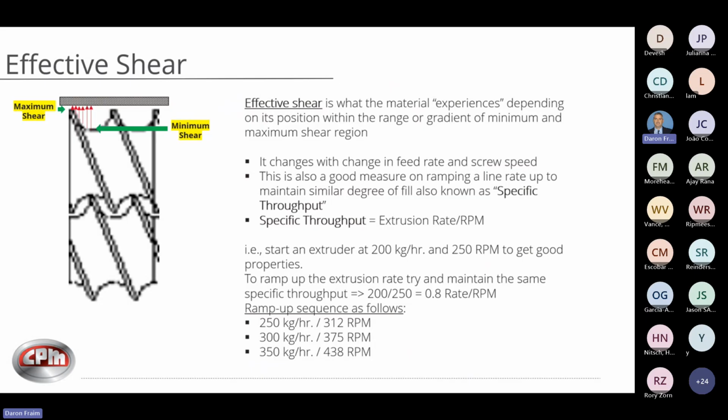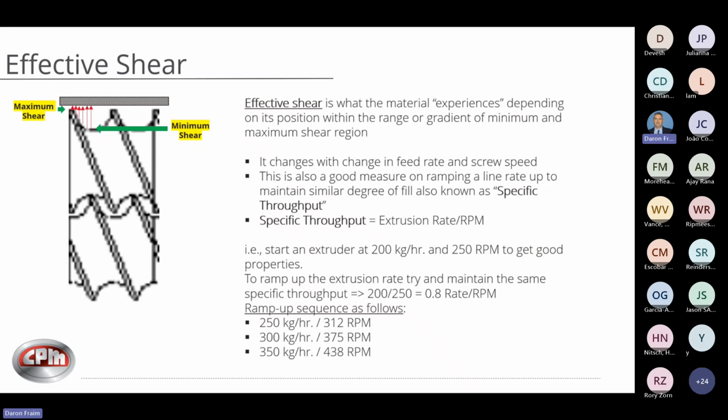So for example, let's say you start an extruder at 200 kilograms an hour and 250 RPM and you get good properties, but you want to ramp your capacity up, your rate, then you would try to keep that same ratio, which in this case, 200 divided by 250 is 0.8. So you have a 0.8 extrusion rate to RPM ratio.